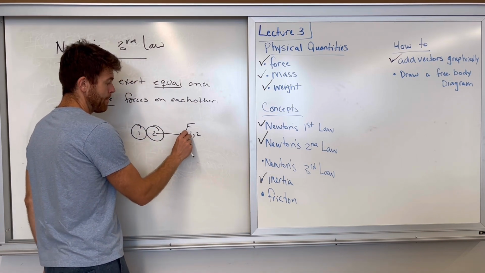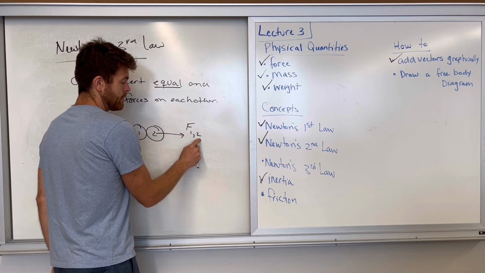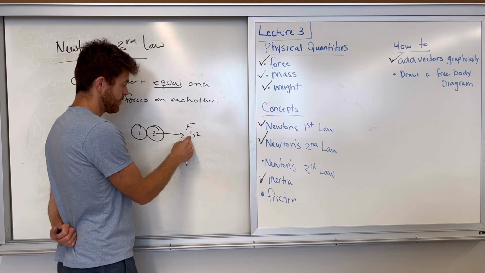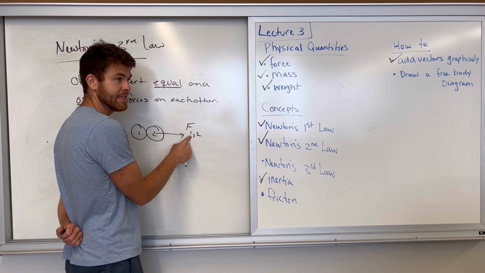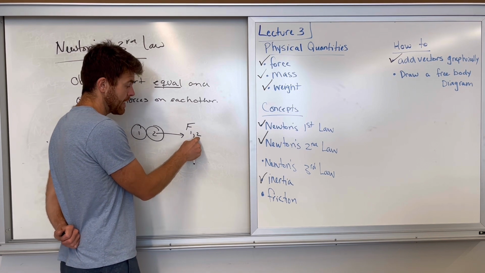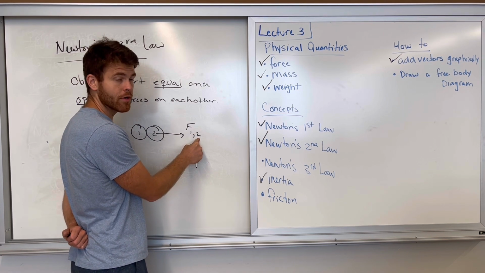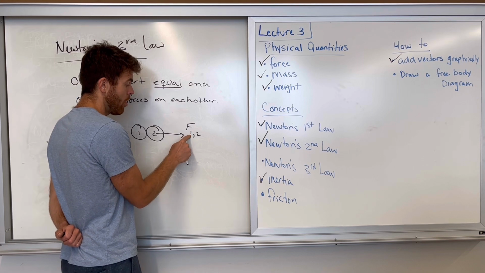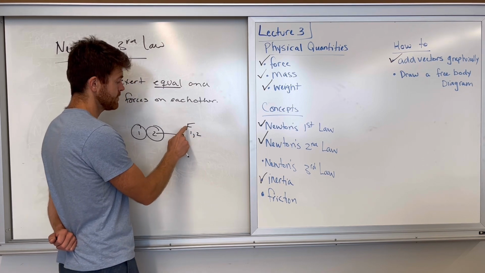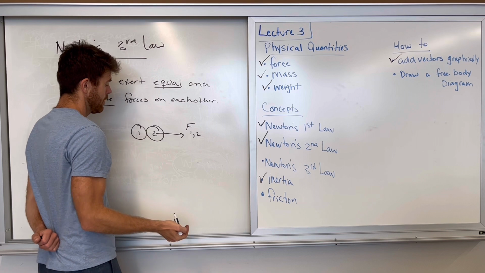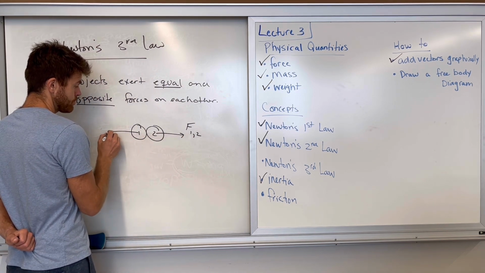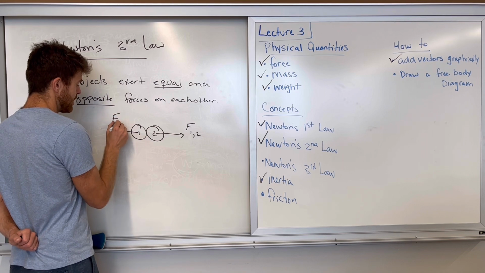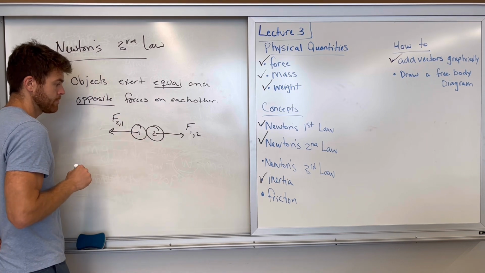In this notation, the first item in the subscript is the object that is exerting the force, and the second is the object that the force is being exerted on. So you can read it as the force of object 1 on 2. And we draw it coming from object 2. So here, this would be the force of object 2 on 1.